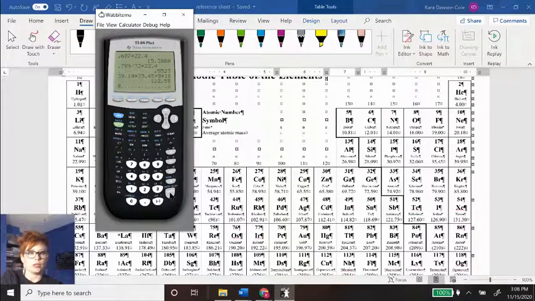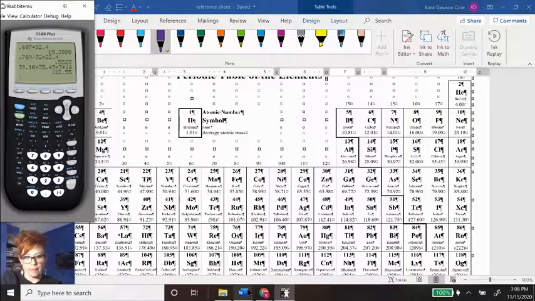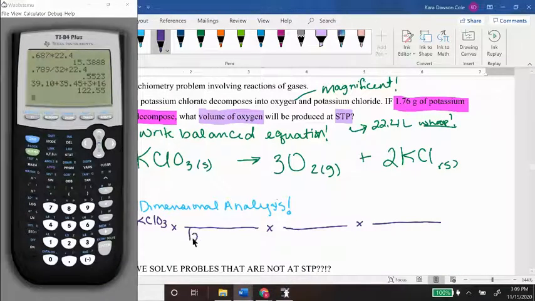That should give you 122.55, which it does. So I've got 122.55 grams for my molar mass: 122.55 grams, 1 mole, KClO3.